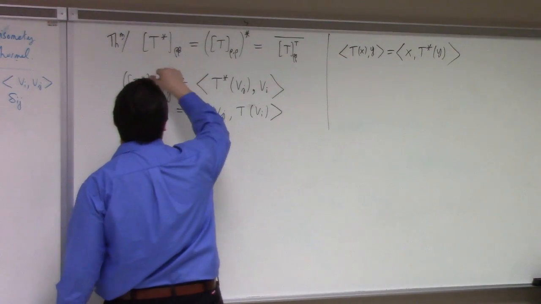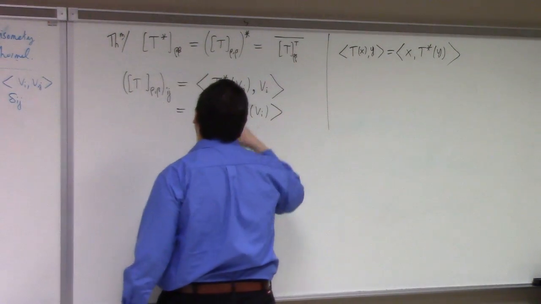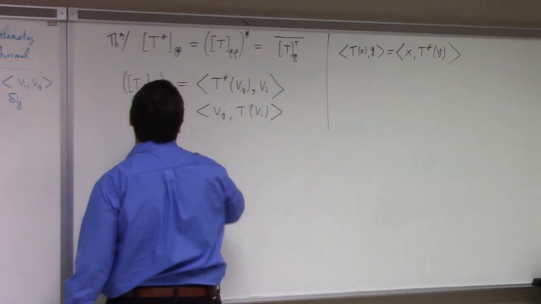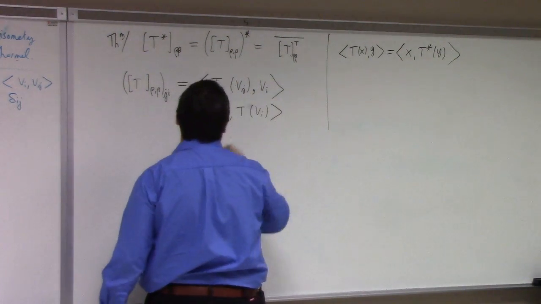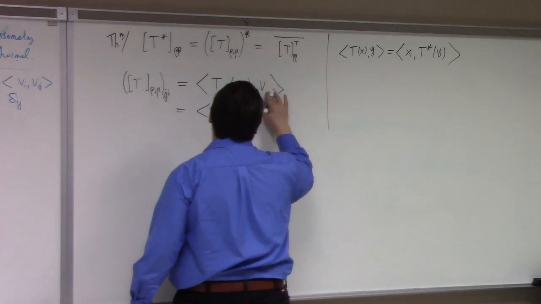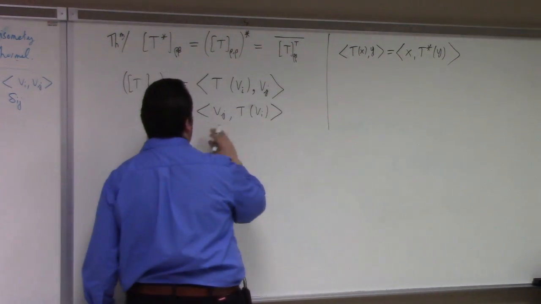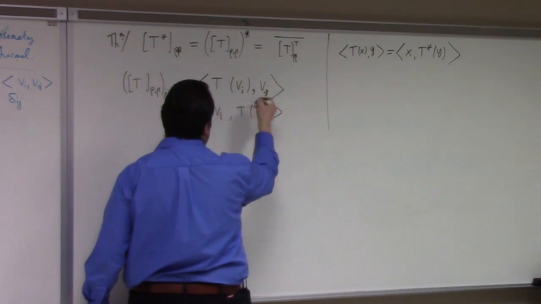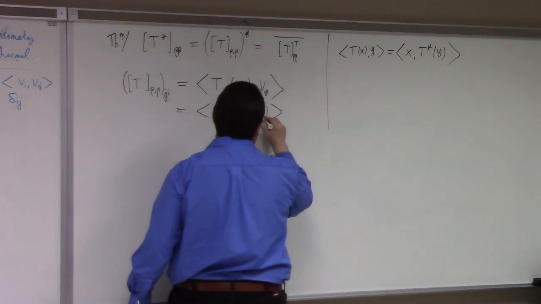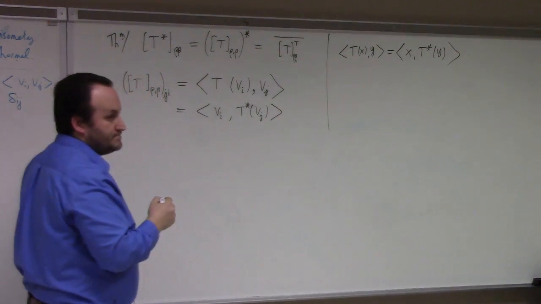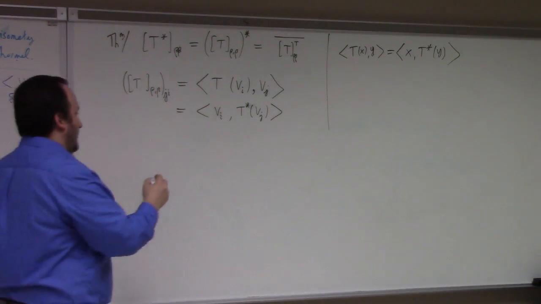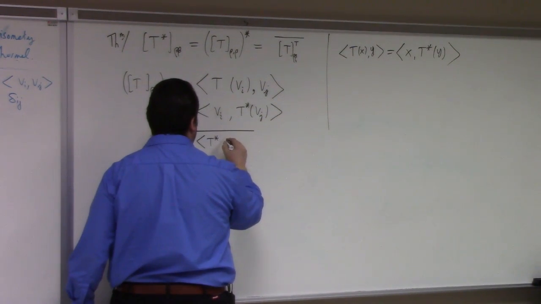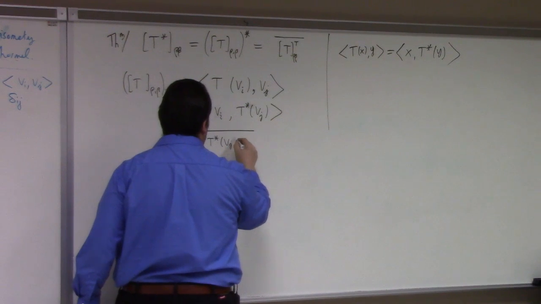How about this? Instead, I erase the star and calculate the ji component. Then I'd have a T here, an i here, and a j here. Then I can use the property that I already know, which is that I put a star when I move it over there. And then this would give me the complex conjugate of T star v_j comma v_i, right?